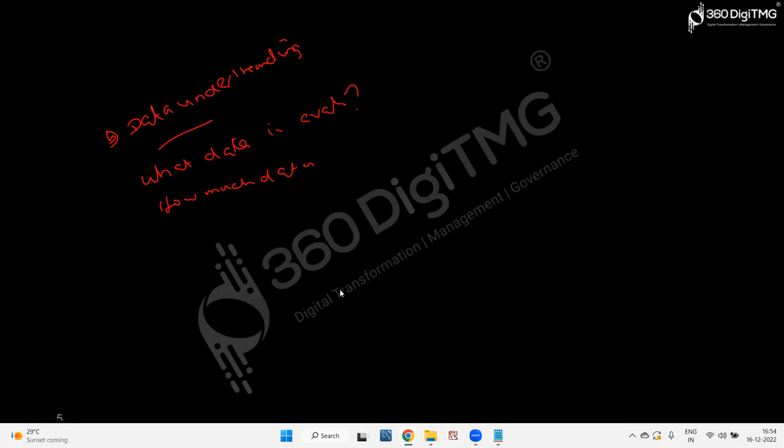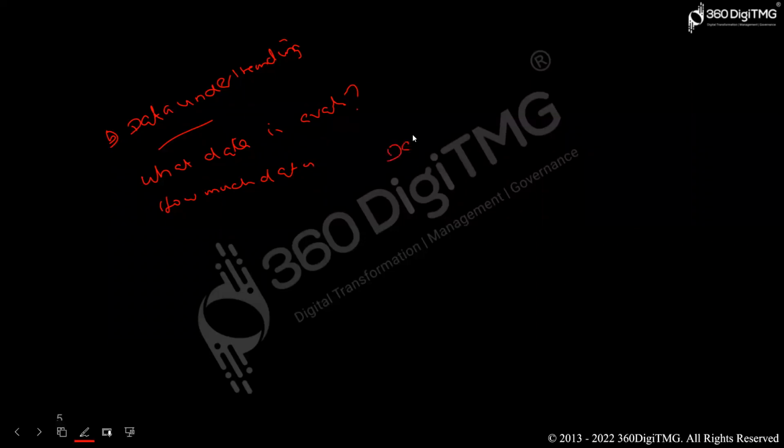Then we can do some data exploration. Once we collect the data, we can do data preparation. In data understanding, what did we understand? The data assessment. The first step is to understand that data quality is fundamental to any data science.